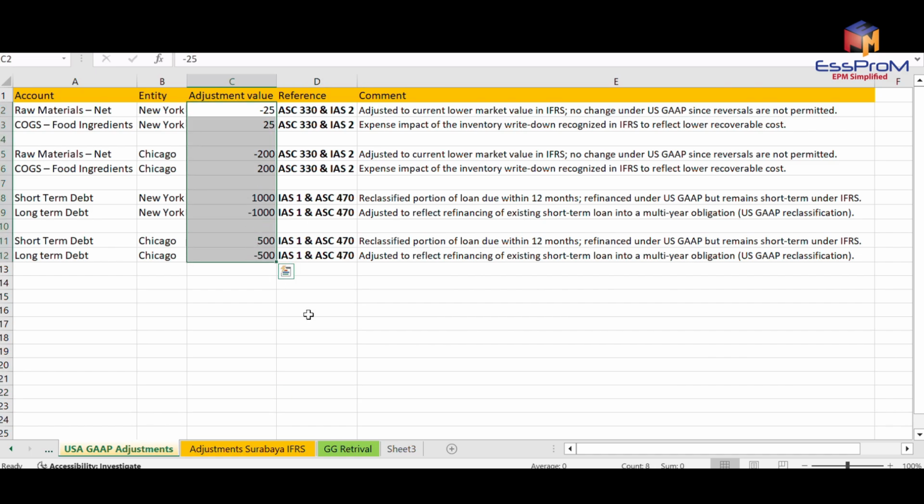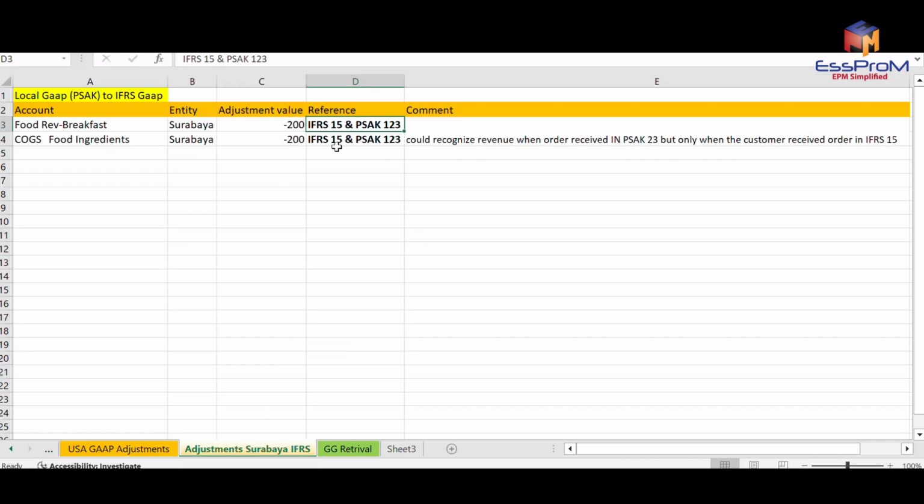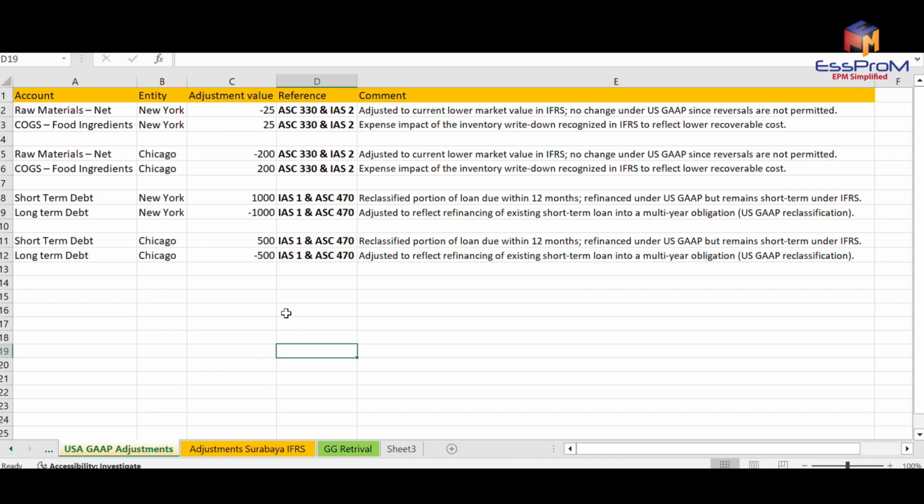We can pass these adjustments as journals, and for entities under the USA, that is, New York and Chicago, the local GAAP here is the USA GAAP, and for Surabaya, the local GAAP here is the PSAK, which is called Pernyataan Standar Akuntansi Keuangan, Statements of Financial Accounting Standards for Indonesia.